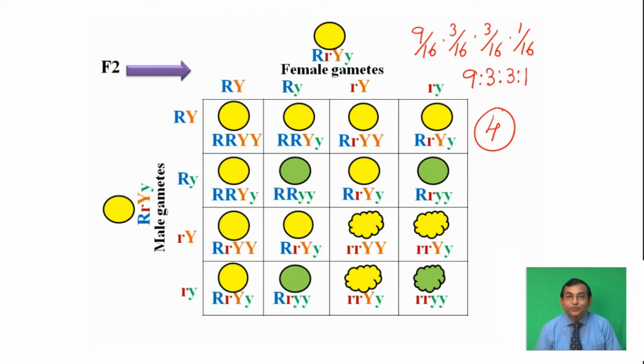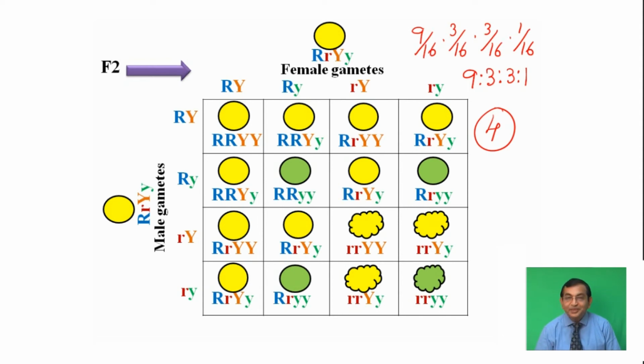In the dihybrid cross, he obtained 4 phenotypic classes: round yellow, round green, wrinkled yellow, and wrinkled green. There are 16 boxes and 16 genotypes.